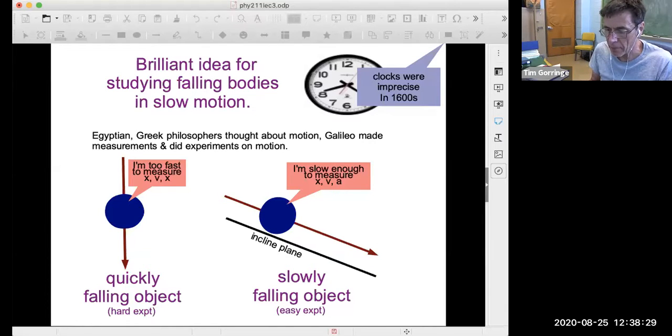And he did that by putting the falling body on a slope, or on what we typically call an incline. And so that's what you see over here on the right-hand side. His idea for studying falling bodies is to slow the fall down, to slow the pull of gravity down by working on an incline, rather than over here on the left to deal with the very fast falling motion when the body falls straight to Earth.